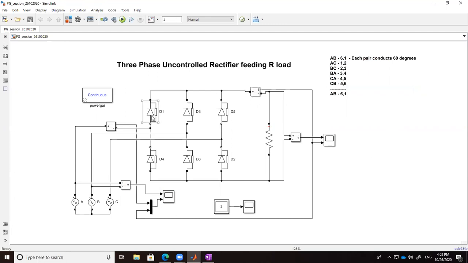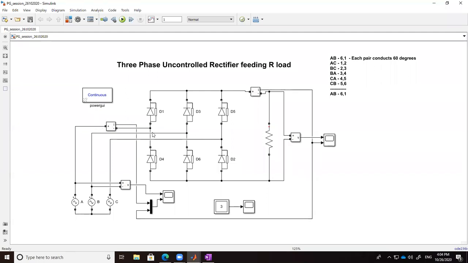Now, whenever D1 is conducting, the current will flow from ammeter positive to ammeter negative, from D1 to the load. And when D4 is conducting, the current will come from the load to D4 to negative to the positive. That means current will seem to be negative when D4 is conducting.